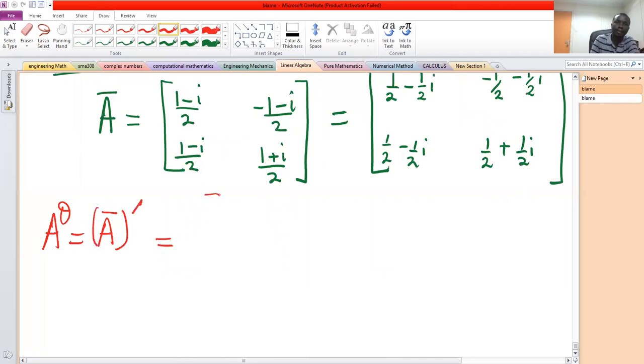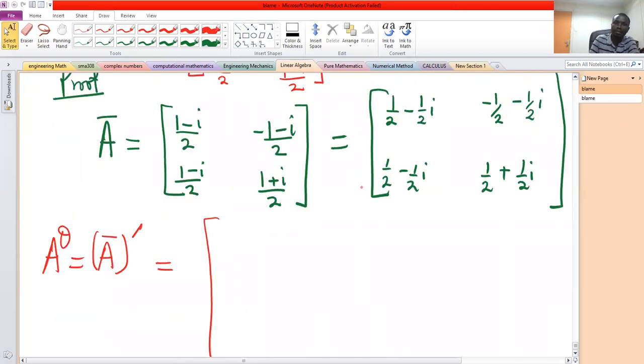So this will be a half minus a half i, then negative a half minus a half i, and then a half minus a half i, a half plus a half i.